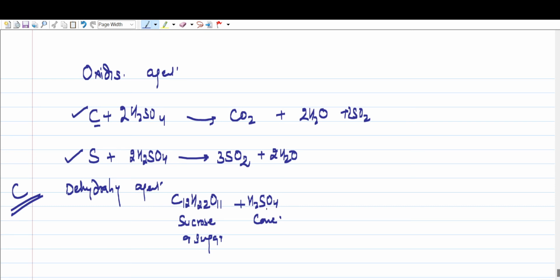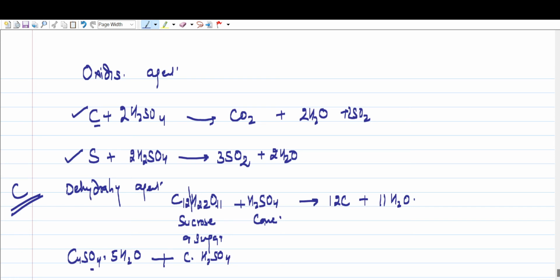So, concentrated sulfuric acid is there. So, it will remove water. So, you will get what? 12 carbon plus how many water? 11 water. Okay, right?